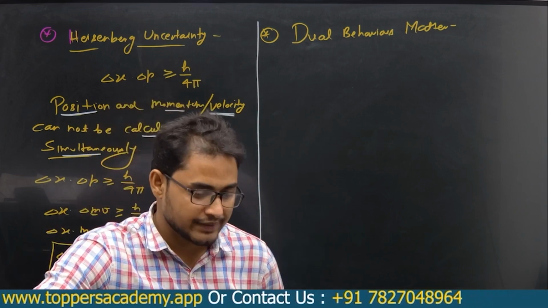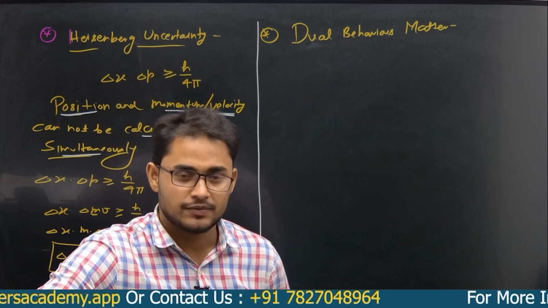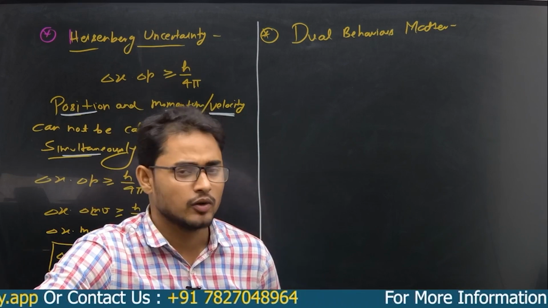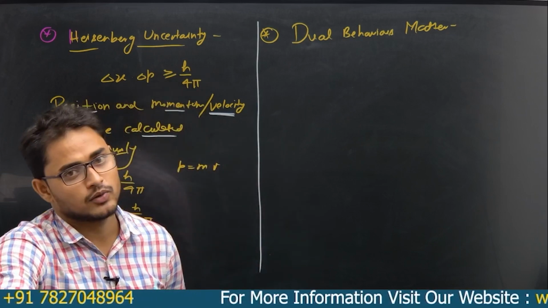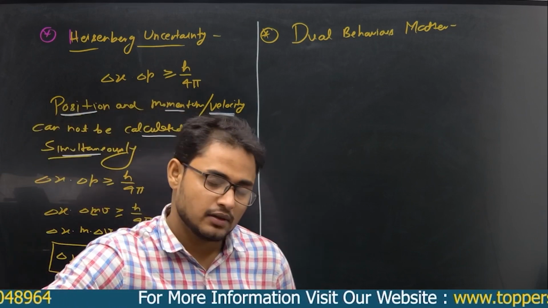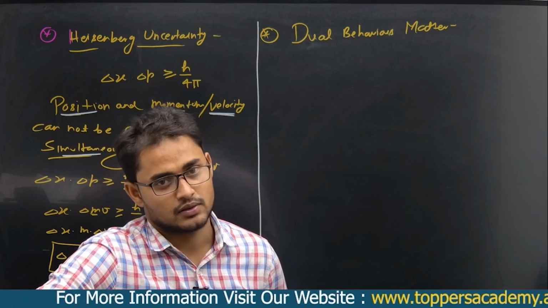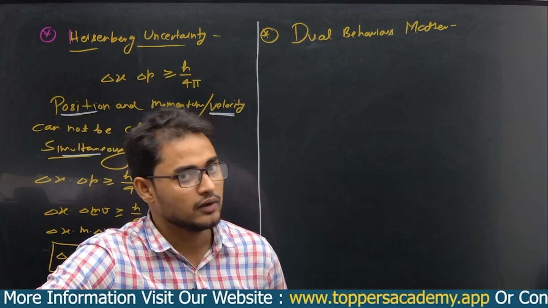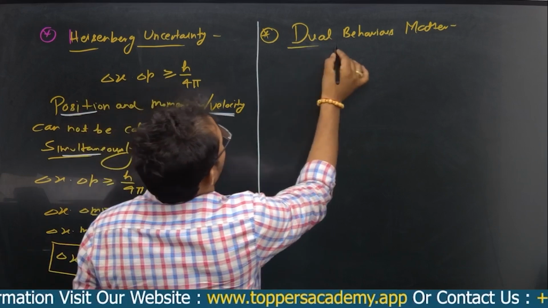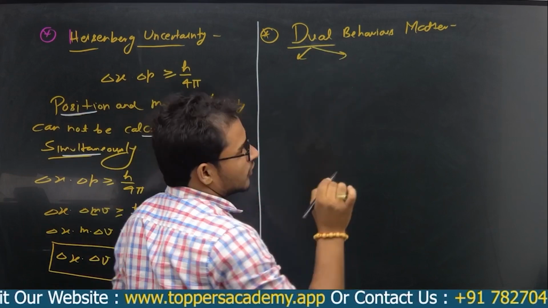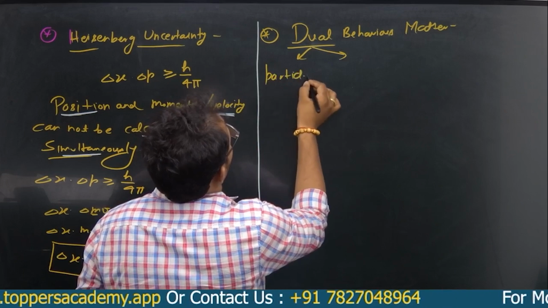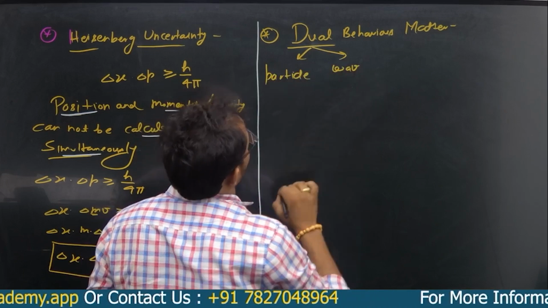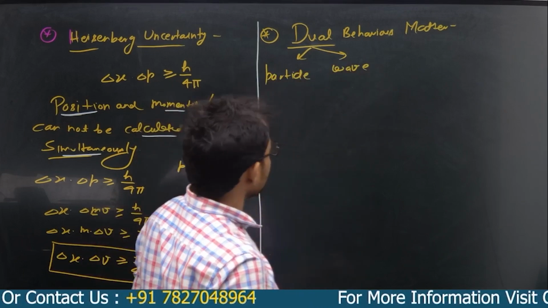According to this, if an object, a small particle or bigger object, has two types of nature in it, particle nature and wave nature, right? Dual behavior, that means two types of behavior, particle behavior and wave behavior, you can say that.